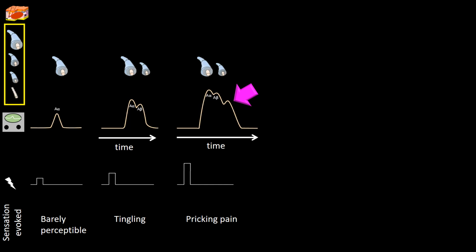And the third hump corresponds to A delta waves, corresponding to activation of the least myelinated fiber present in human peripheral nerves, which I am incorporating here.